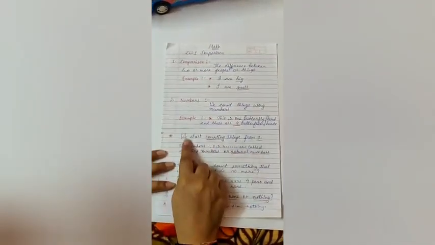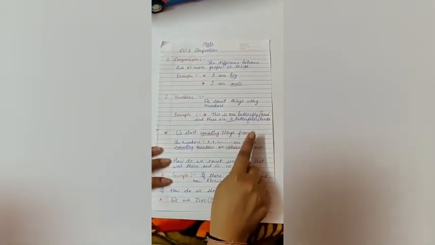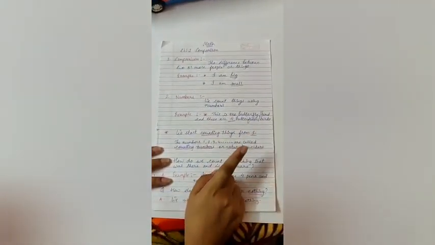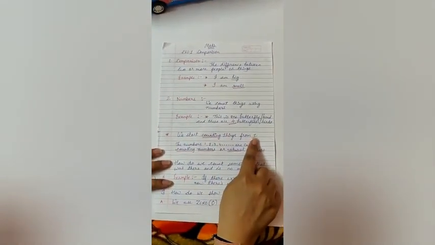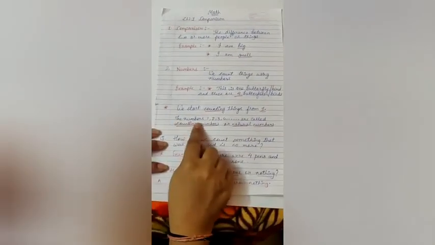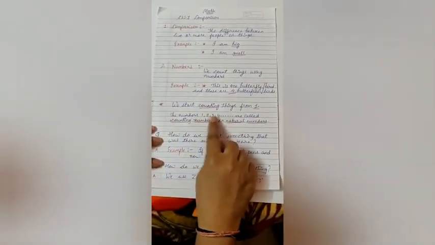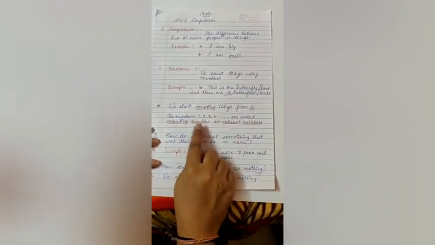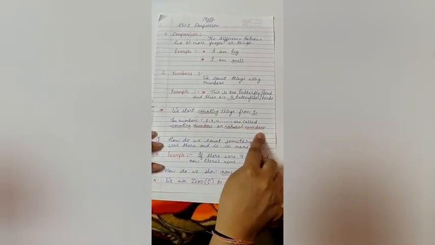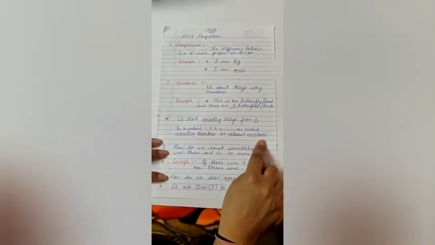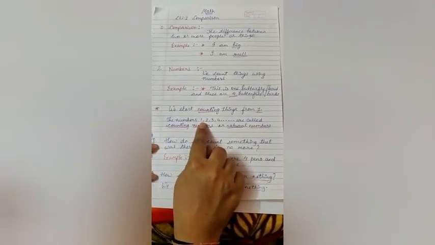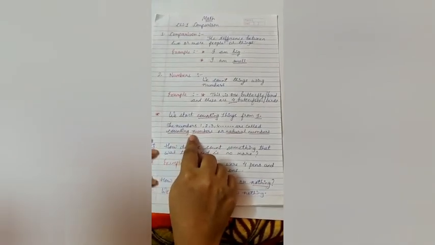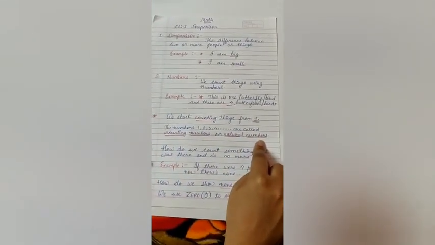Whenever numbers start from number 1, those numbers are called counting numbers or the natural numbers.